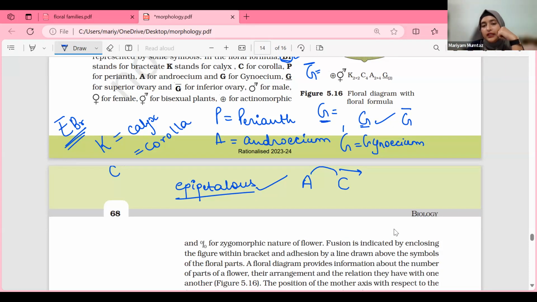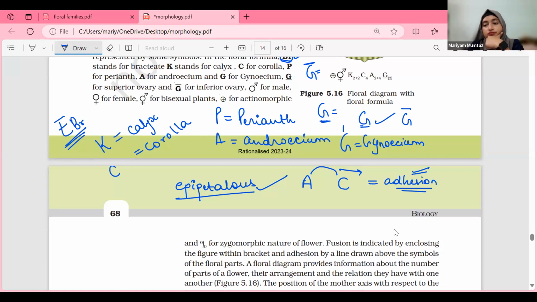Okay, now you make an arc in the symbol side and put an is equal to and write adhesion. That it adheres to it, meaning it is stuck onto it or sticking to the corolla. Adhesion means sticking. And adhesion is denoted by an arc.